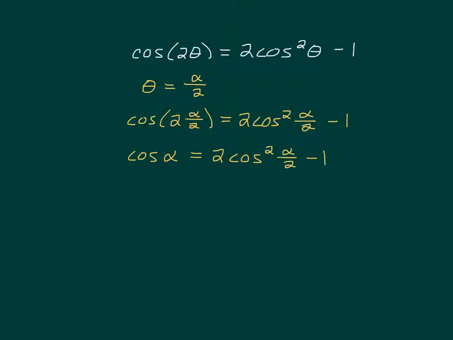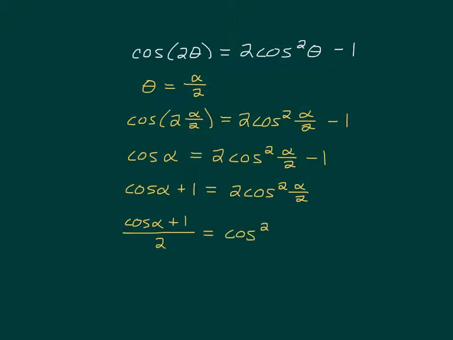And at this point, we want to get cosine alpha over 2 by itself, and that will be our half-angle formula for cosine alpha over 2. First step is to add 1 to each side. What would our next step be? When we divide each side by 2, we get cosine alpha plus 1 all over 2 is cosine squared alpha over 2.